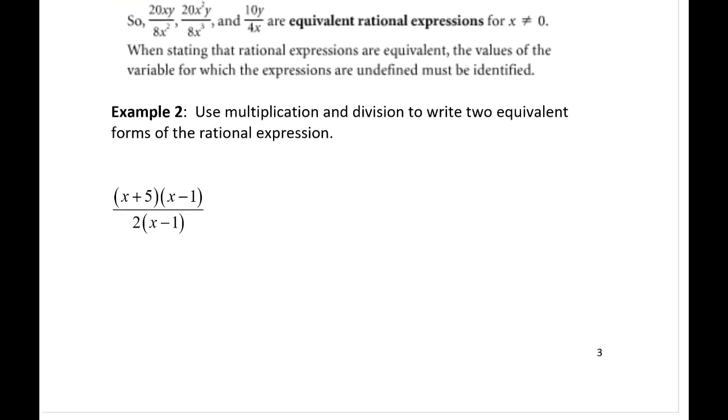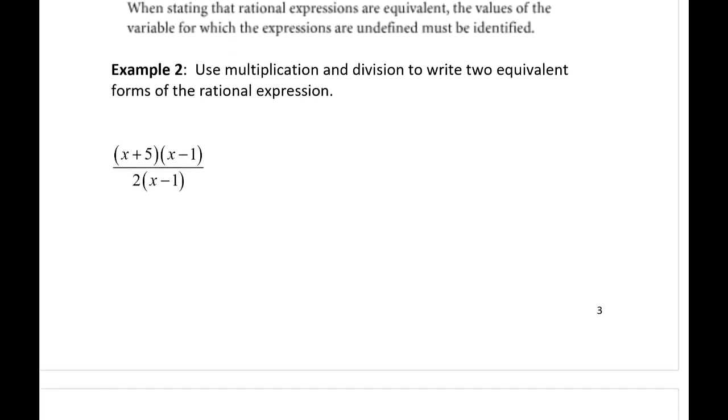Okay, so looking at this, this is a rational expression, and I want to write an equivalent version of it. For the most part, what you're going to do is you're going to say, where can I simplify here? And a simplified version would be as if I would cancel out the x minus 1. These two expressions are equal.